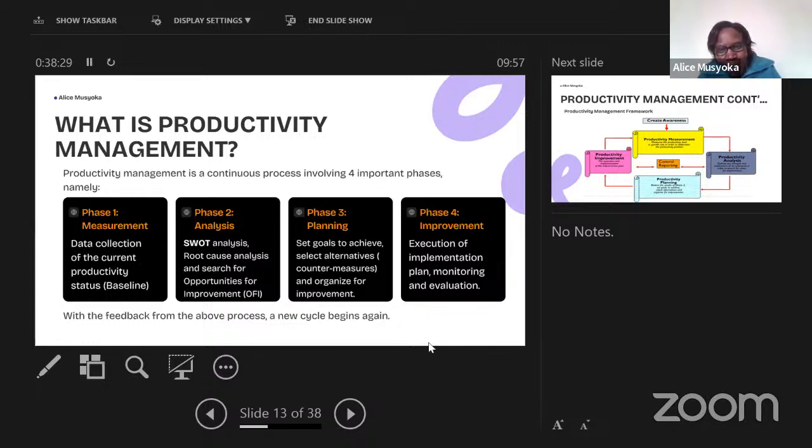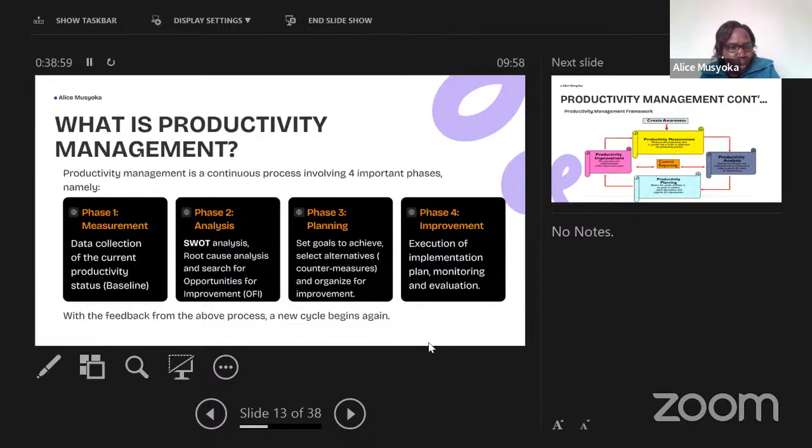You start with measurement because you want to understand the baseline, where you are today, because you cannot know where you are moving to unless you start by knowing where you are. So to be able to reach where you want to be, you need the baseline. That's why productivity management begins with measurement, so as you understand the baseline.